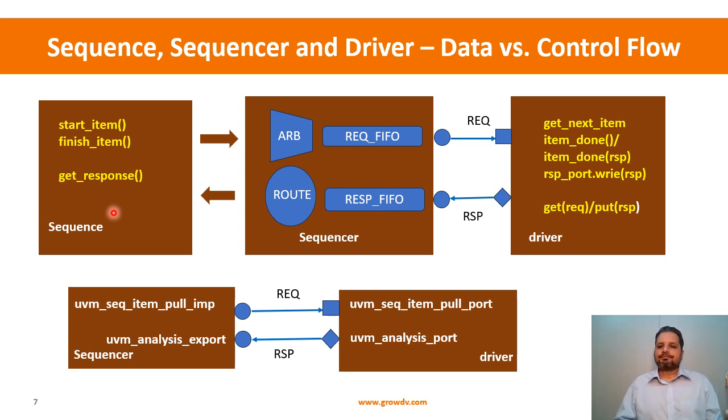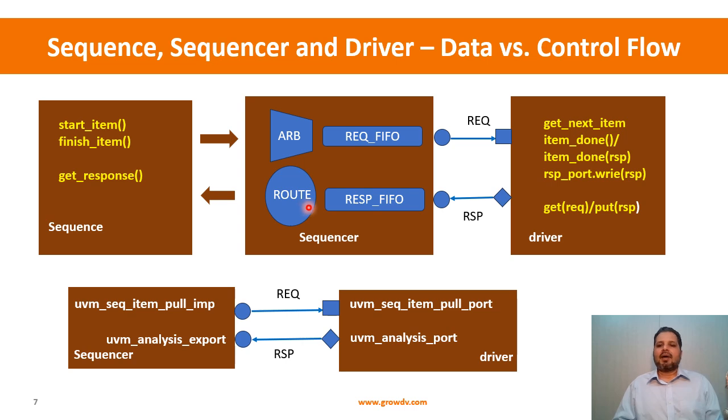So when we look at the example, we will show you that you can specify a specific ID. When you say get response in the sequence, you can say that I want the response for this specific request ID, and then the route logic will make sure that it will route that particular ID to the sequence.